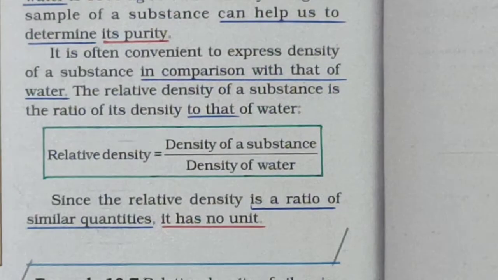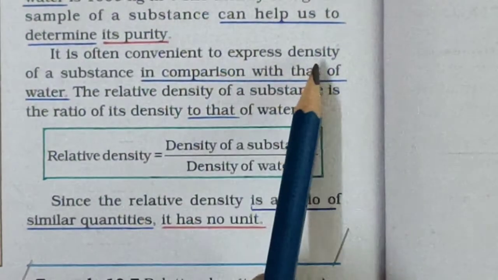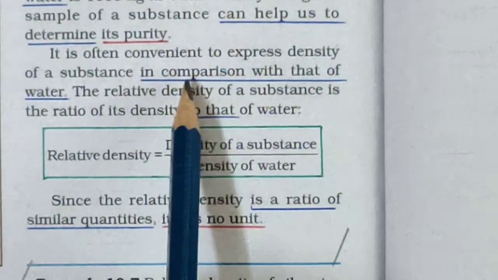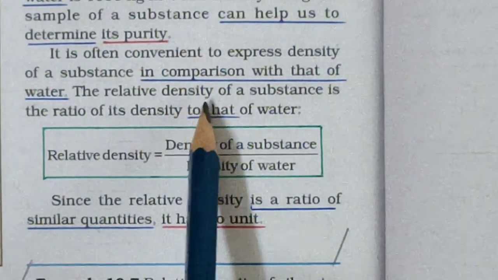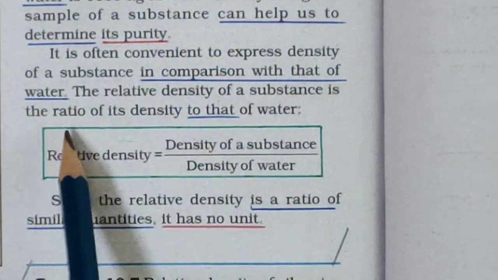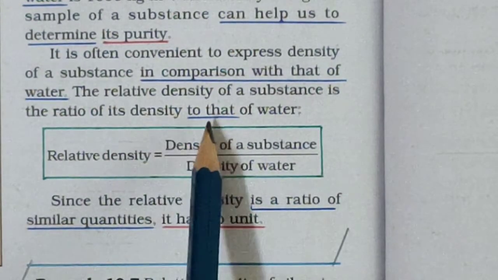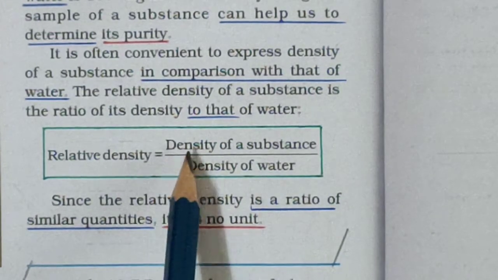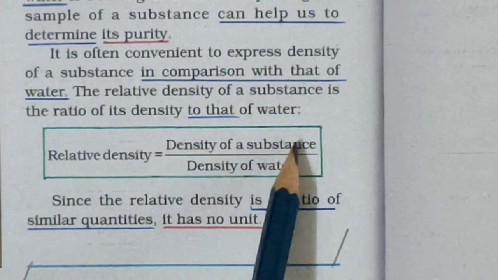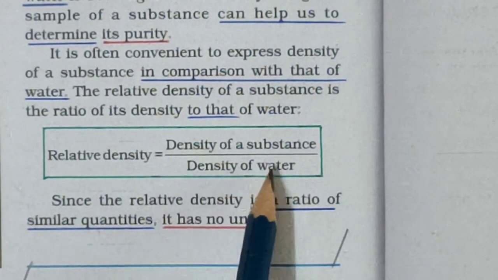It is often convenient to express the density of a substance in comparison with that of water. The relative density of a substance is the ratio of its density to that of water. Relative density is equal to the density of a substance divided by the density of water.